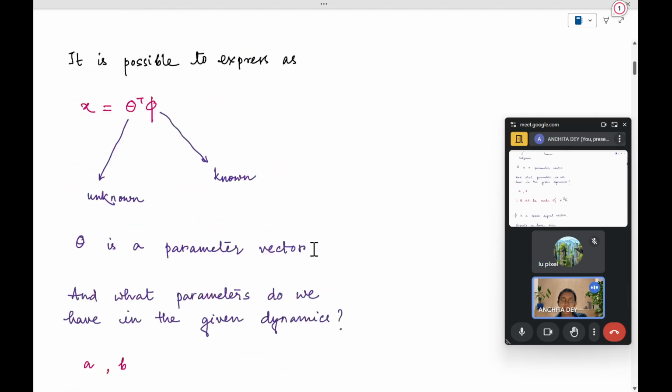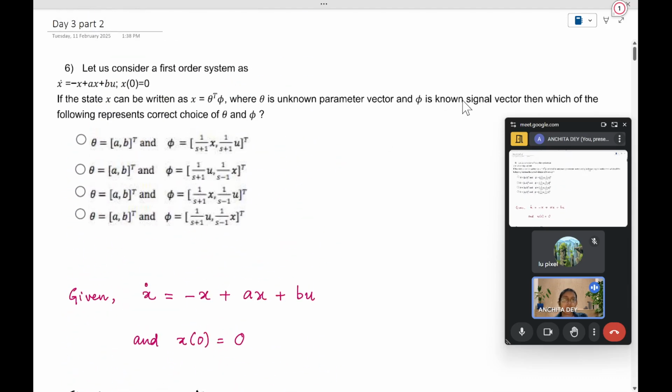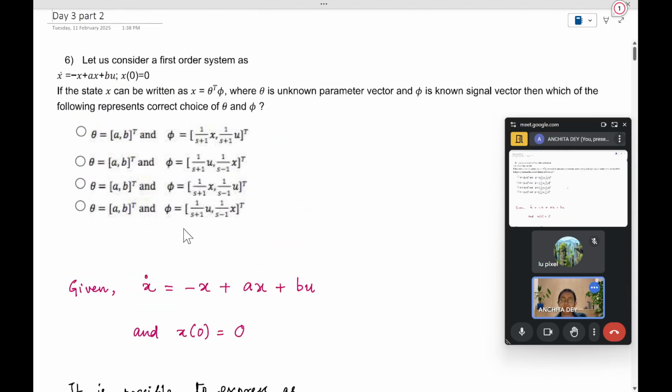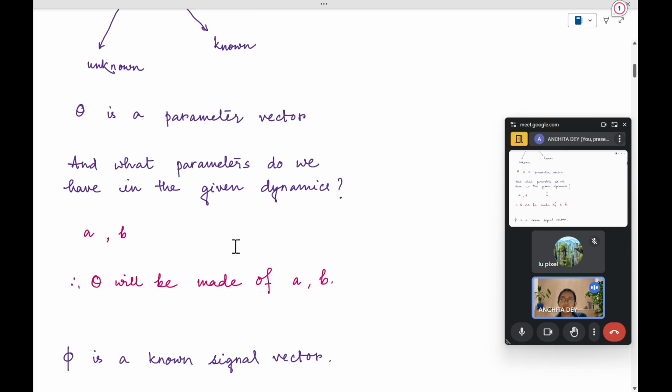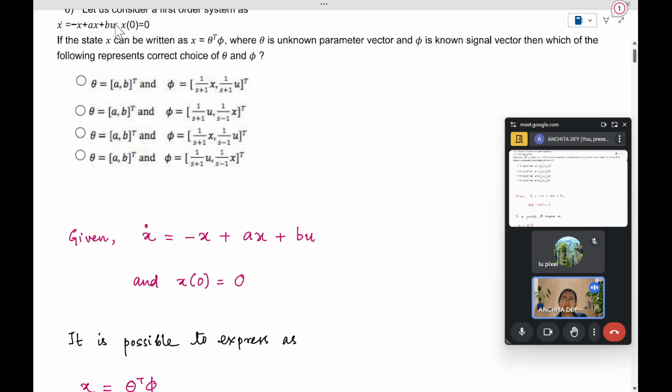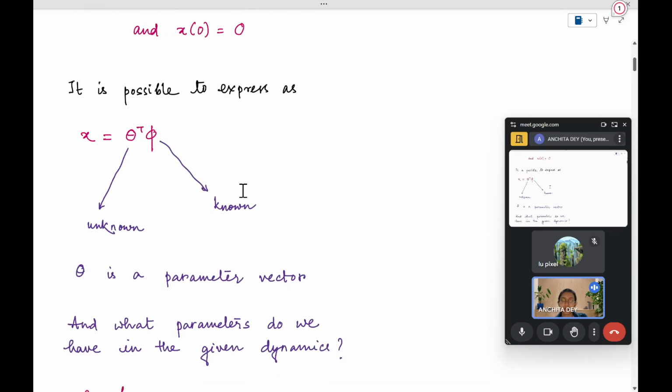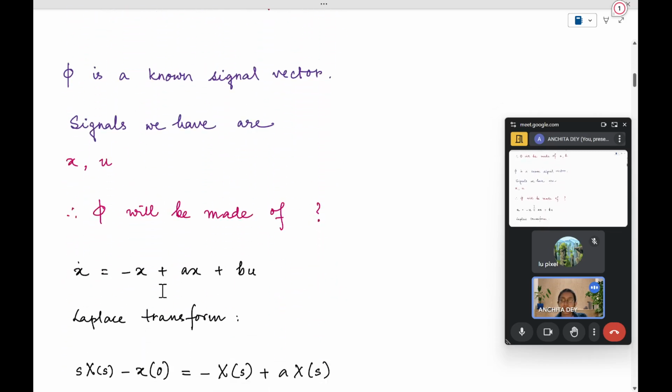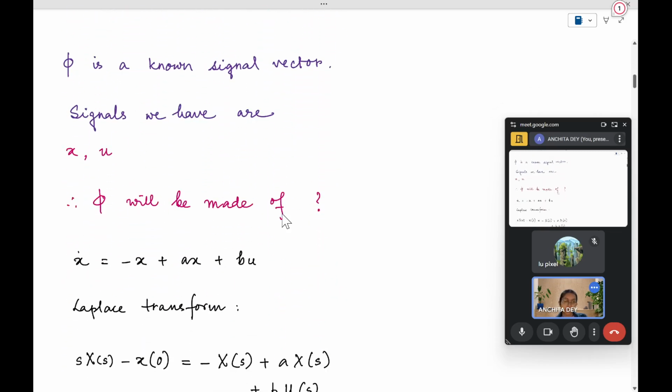This was given in the question as well. So what are the signals that are given to us? You can see you have x here and u here, and that's it. You have the state and the input. So phi would be made up of something of x and u, either of these or both, or maybe some combination of these terms.